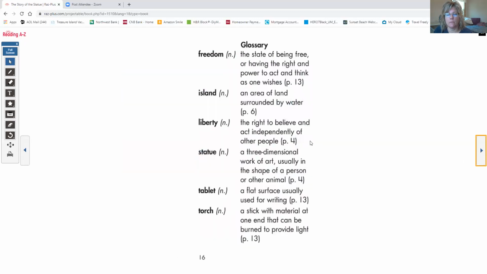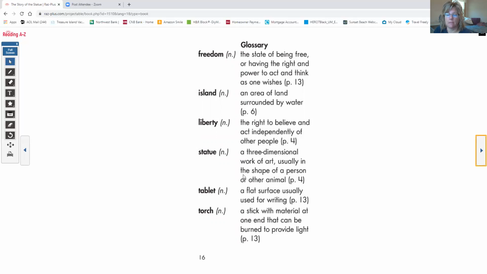Okay, so statue is a noun. It's a three-dimensional work of art, usually in the shape of a person or other animal. And it's found on page 4. We know three-dimensional is a math term we use to describe shapes. Shapes that are three-dimensional are not flat.